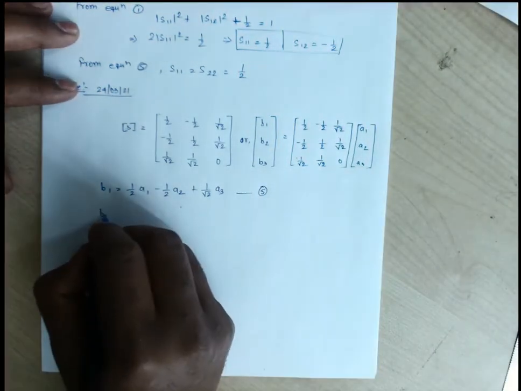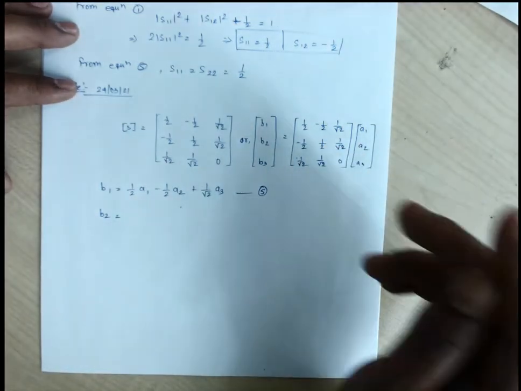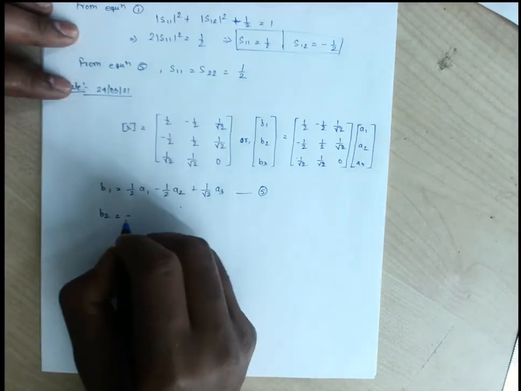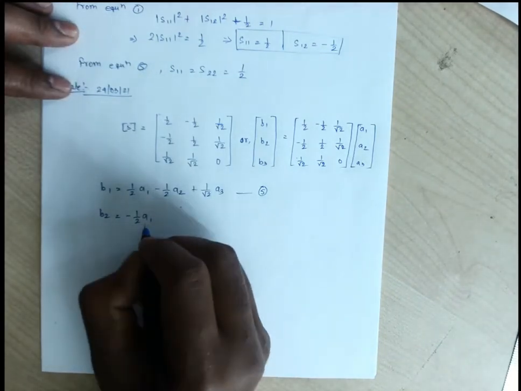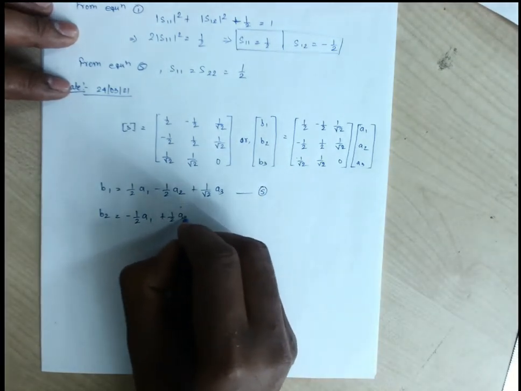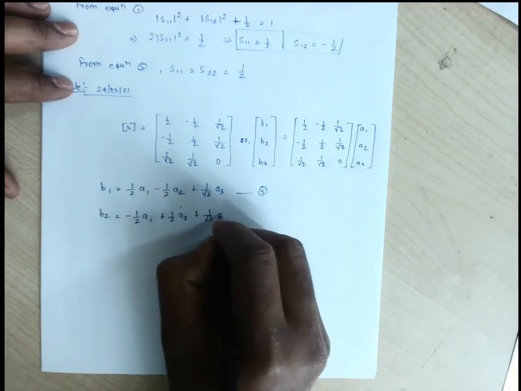Next, B2 will be this one multiplied by this. So it will be minus half A1, then plus half A2, then plus 1 by root 2 A3.